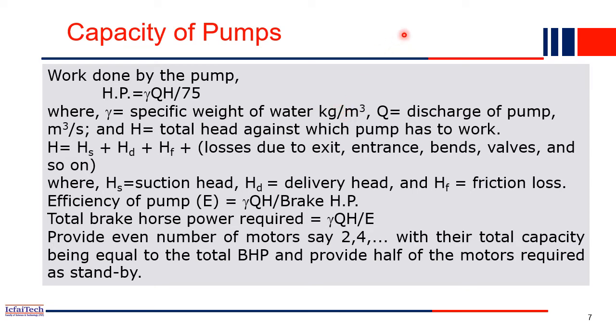Similarly, delivery head means where we have to deliver the water, that is Hd. Hf is the friction loss, because water is going through a pipe, and the pipe produces friction loss in the water. If you add all these losses, including exit losses, you will get the total head. This total head will be provided here, then you will get the work done by the pump, that is gamma Q H by 75.